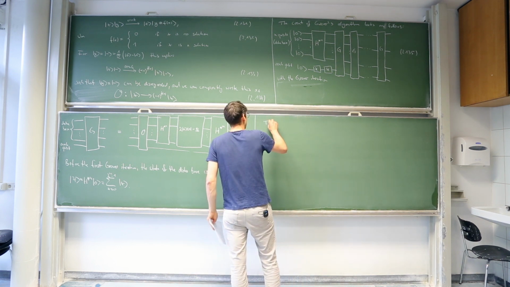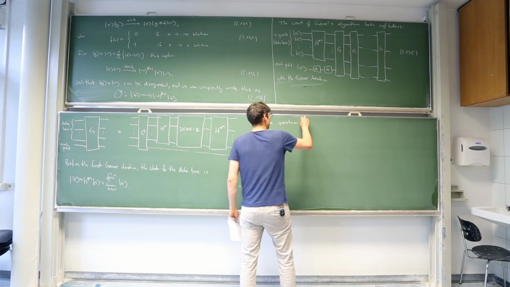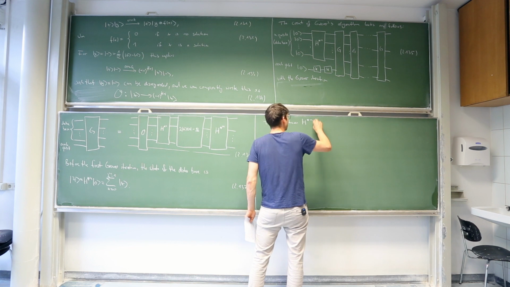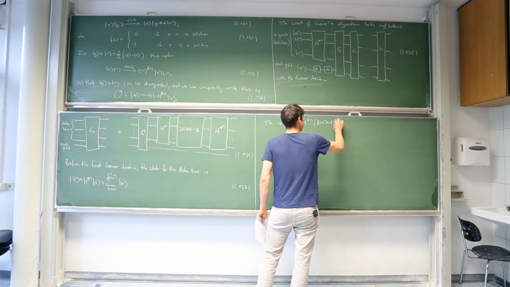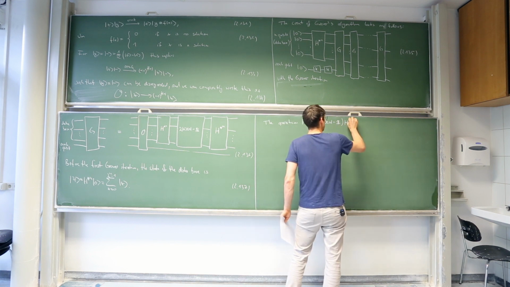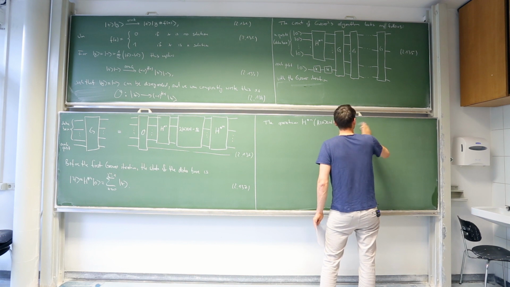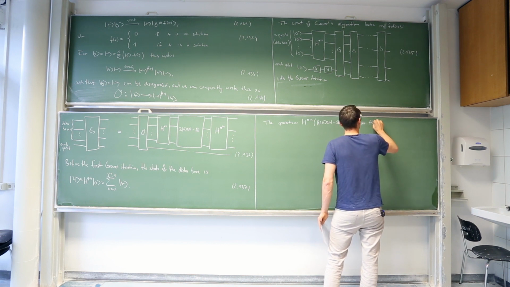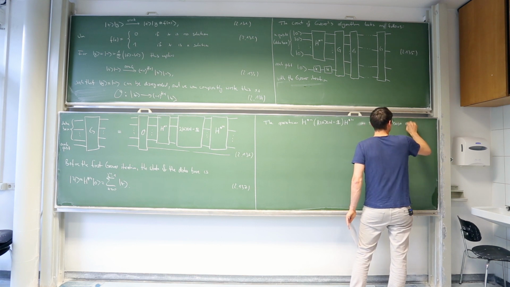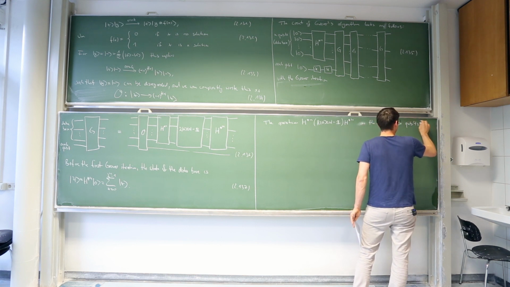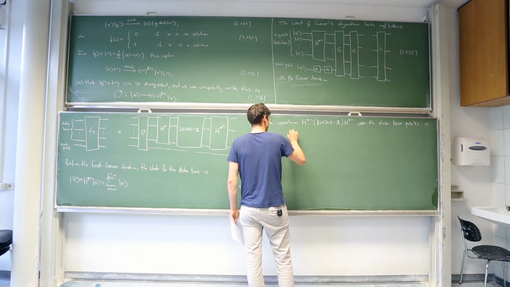So the operation H tensor n times 2 times the projector on 0 minus 1, H tensor n, on the database qubits is, okay, we can rewrite this a bit.